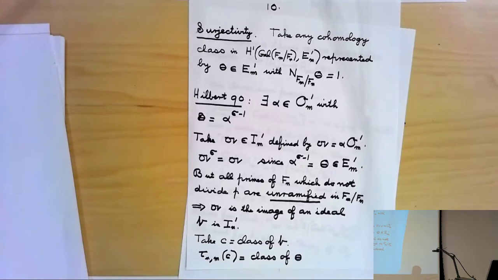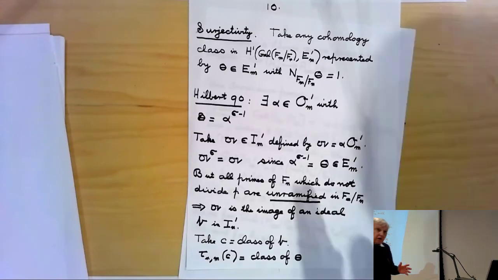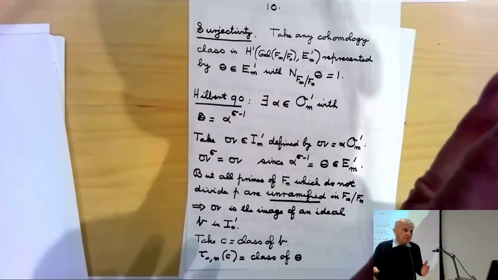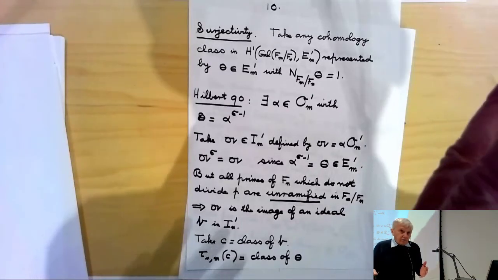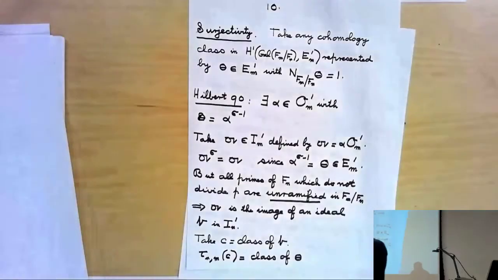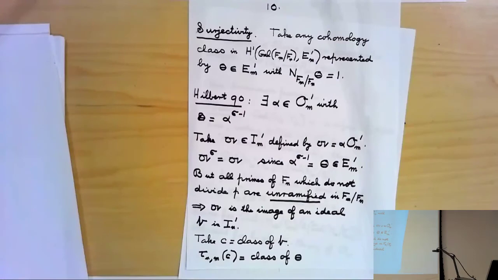But now I use the fact that A is an ideal prime to P, and therefore the only primes that occur in it are unramified in the extension. Then it's obvious that the fixed ideals upstairs by this Galois group are precisely the ones that come from downstairs. This is all obvious if you think about it.